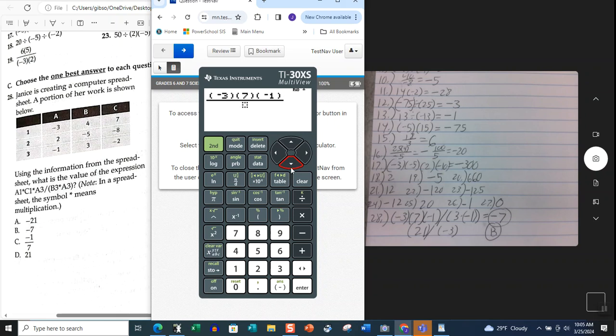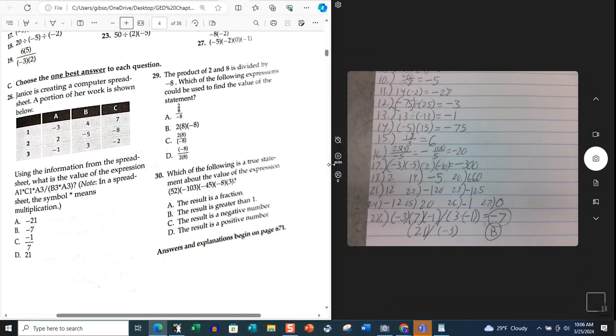Then on the bottom, it'll be parenthesis 3 times parenthesis negative 1, and then do a double close parenthesis. Press enter. Your answer is negative 7, which we have here. I could have rewritten this, but I'll do that in another problem. Our final answer is negative 7, which is B.